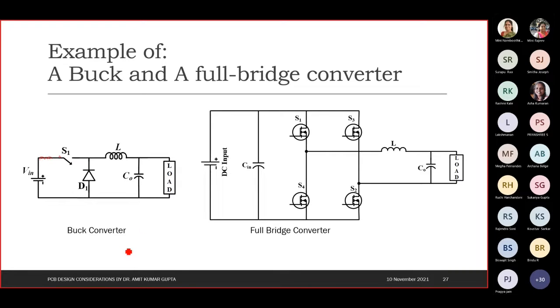Okay, thanks. So this trace can also have an inductor. This trace can also have an inductor. Though the value is in nanohenry, it will have. This trace will have an inductor and resistor. This trace will also have an inductor.